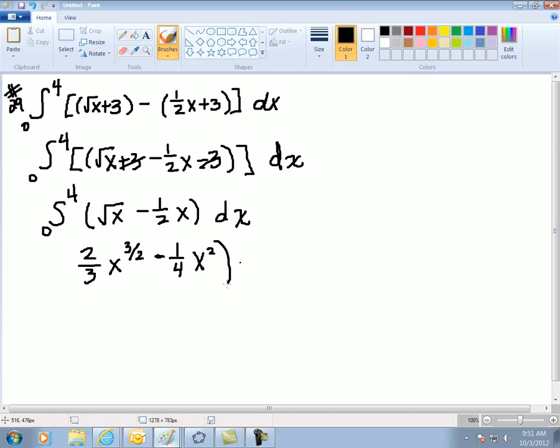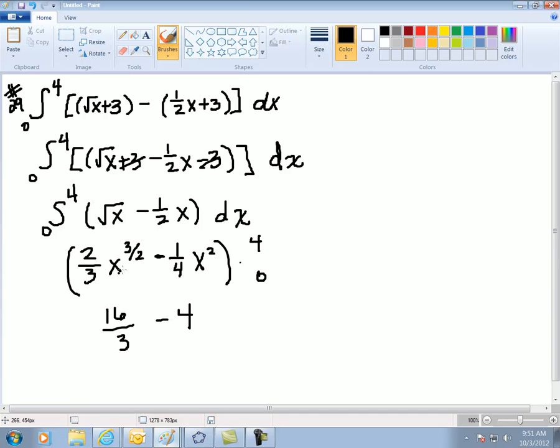Now I want to evaluate that at 4 and 0. Plugging in my 4, the square root of 4 is 2, cube that is 8, times 2/3 gives me 16/3. Plugging in 4 here, 4 squared is 16, divided by 4 is just 4.